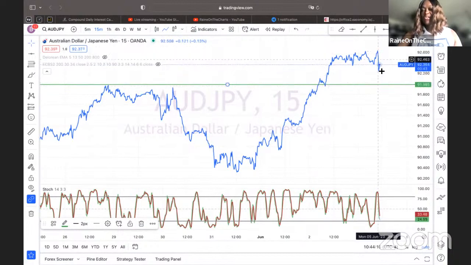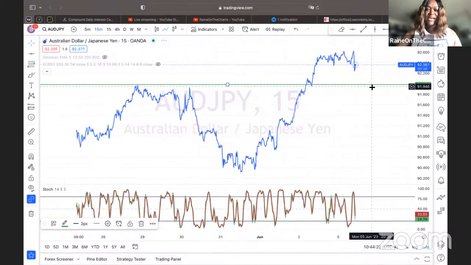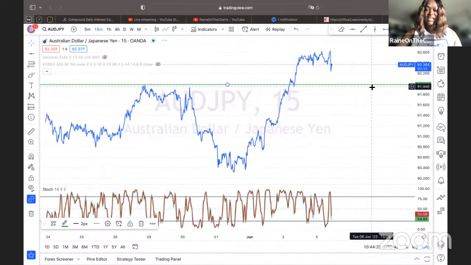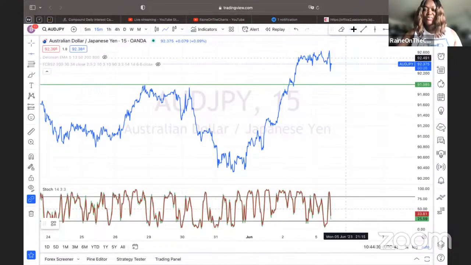So I could be looking to get in down here. It comes back, right? And if I enter here, where could I put my stop loss? I could put my stop loss, say, right here.